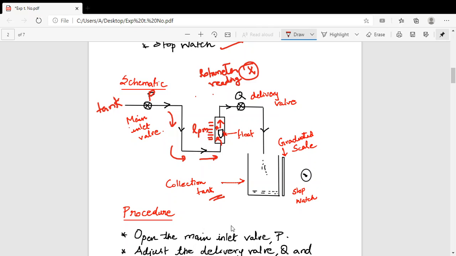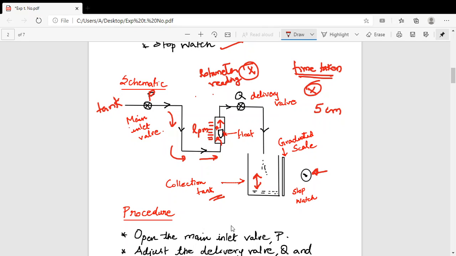Then you have to measure the time taken. The time taken for x centimeter rise in the water level in the collection tank has to be noted. Let us take 5 centimeter rise in the water level in the collection tank. The time can be noted using a stopwatch.